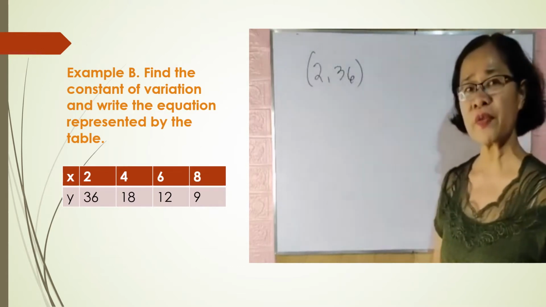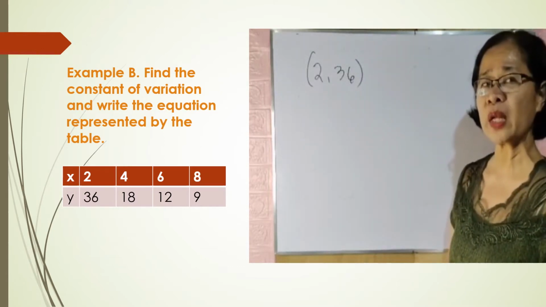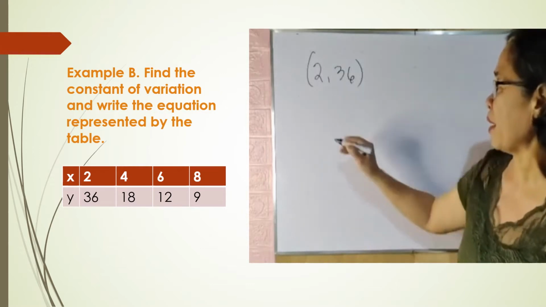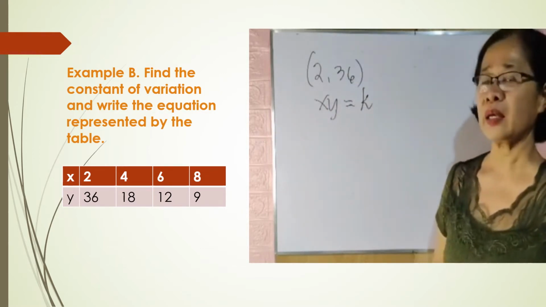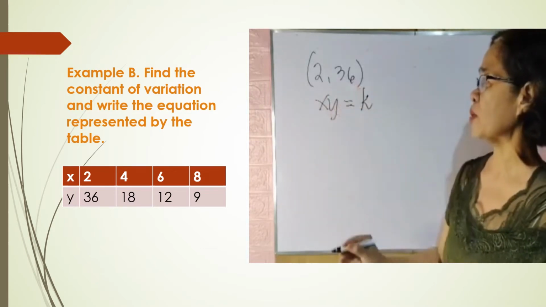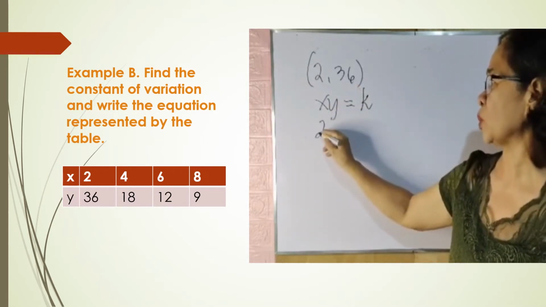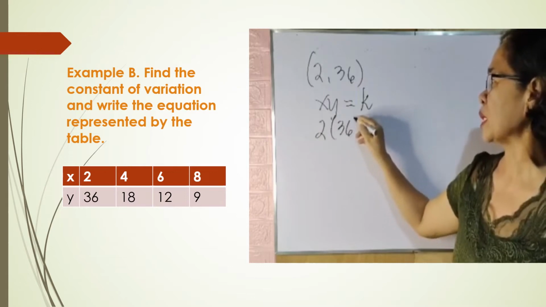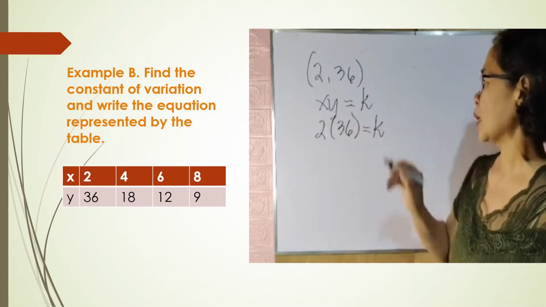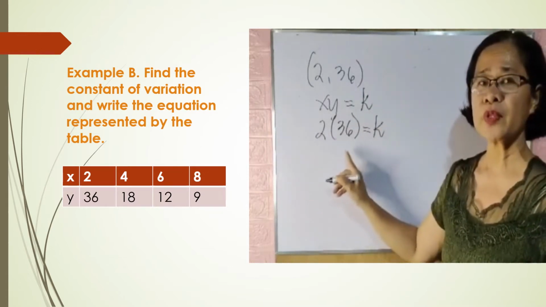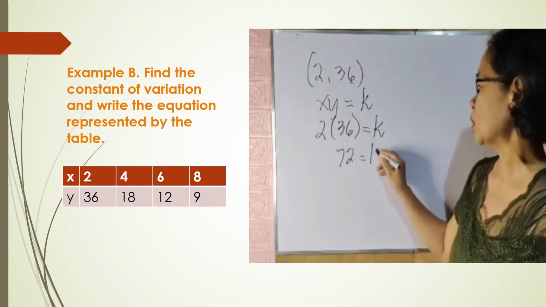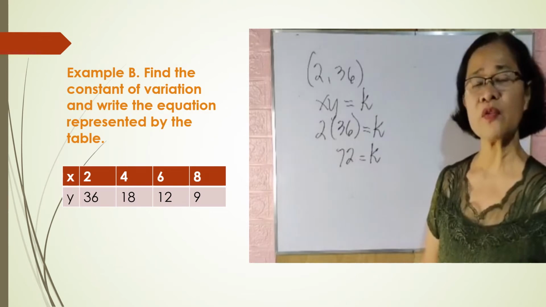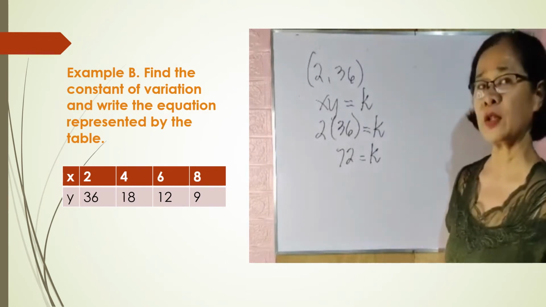In an inverse variation, the product of two quantities is a constant. So we have xy is equal to k. Substitute these values to x and y. So it will be 2 times 36 is equal to k. Then 2 times 36 equals 72. So therefore, the constant of variation is 72.